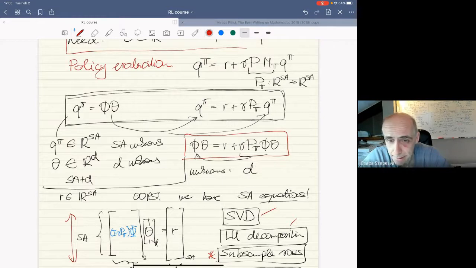But then we end up with this policy evaluation problem, and we see that we're full of questions and few answers, which is quite a nice area to be in because there are lots of opportunities here for new research.